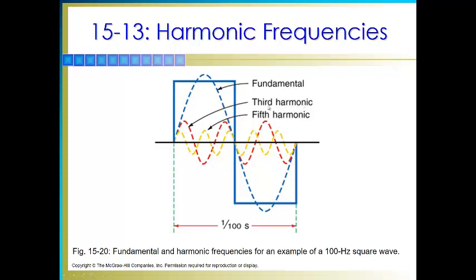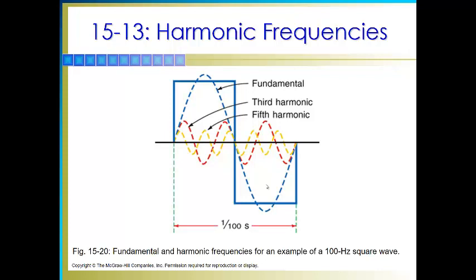What it means by third harmonic is that if the fundamental has only one cycle in this time, the third harmonic will have 3 cycles in the same time. So from here you go 1, 2, 3, right? So basically the third harmonic is the fundamental times 3.